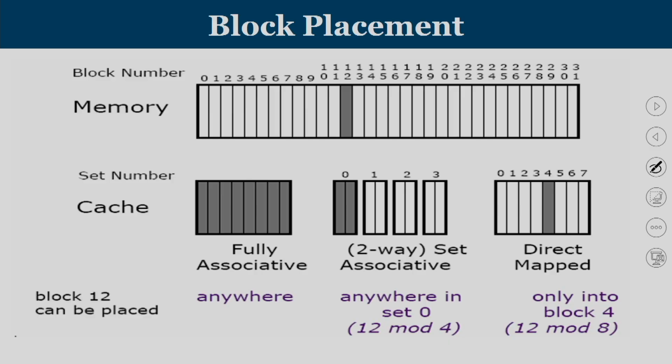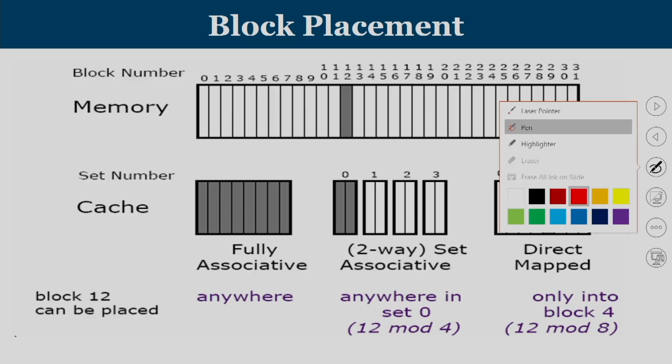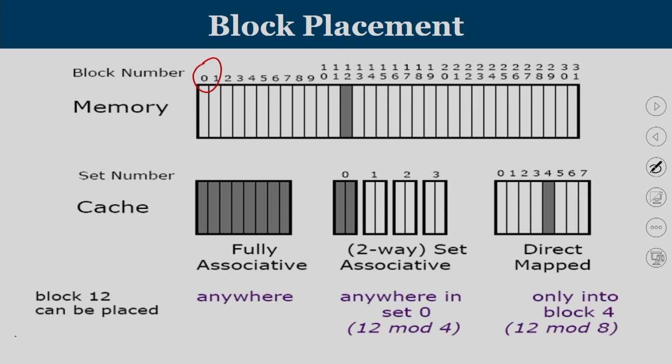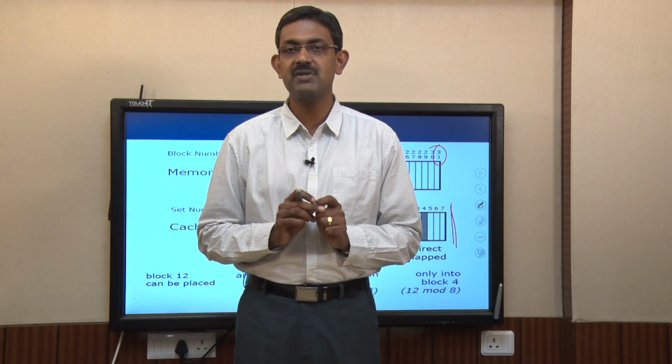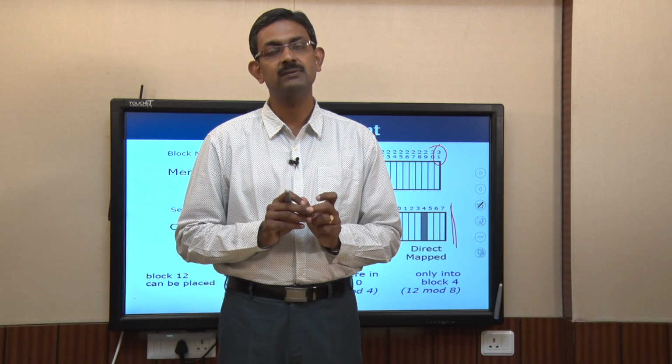Consider the case you have a main memory that has 32 blocks, block 0 to block 31, and you have a cache memory that can accommodate 8 blocks, block 0 to block 7. In this category of cache memory, the technique used is, each block number of main memory is mapped to a specific block in cache memory, and the mapping function is the modulus function.